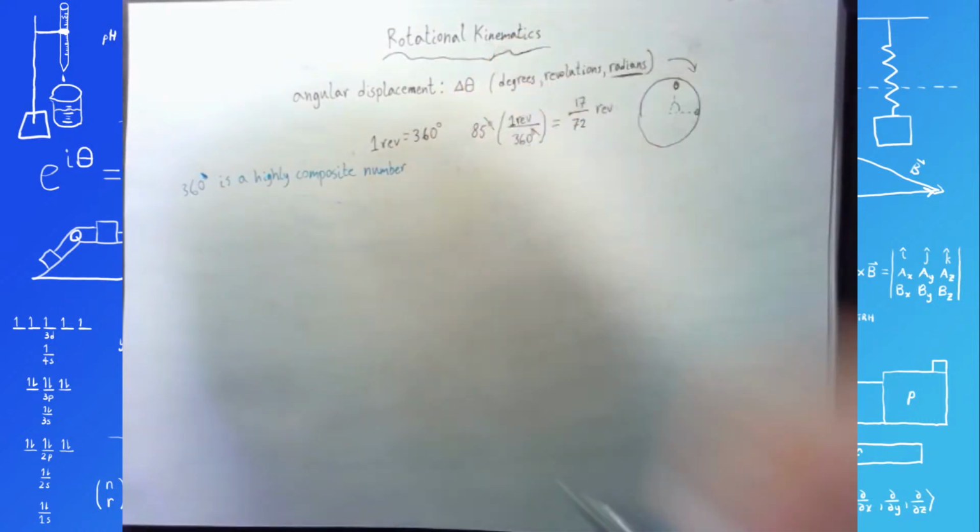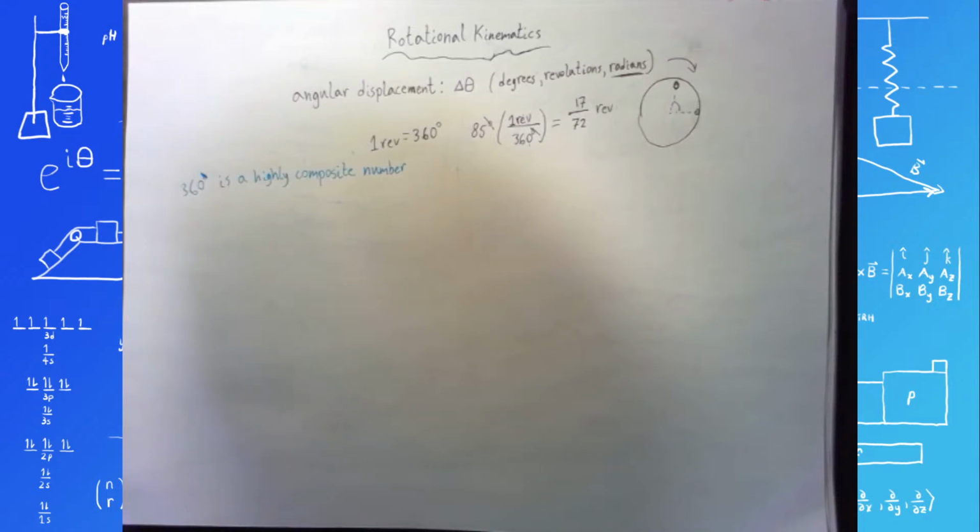Which just means there's a lot of numbers that it evenly divides by. It divides evenly by, of course, 1 and 2 and 3 and 4 and 5 and 6. The first point where you hit a snag is 7. 360 divided by 7, not very clean division there.